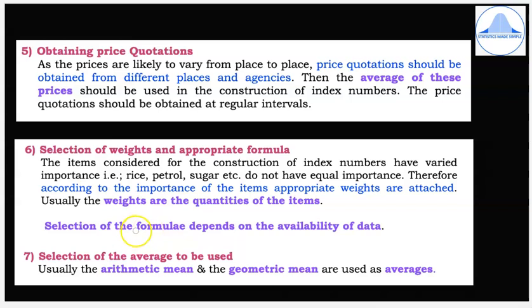The selection of the formula will depend on what data is available, whether prices in the base year, current year, quantities in the base year, current year are available. Depending on it, you have to use an appropriate formula. Seventh is selection of the average to be used. Usually the arithmetic mean and the geometric mean are used as averages in the construction of index numbers.